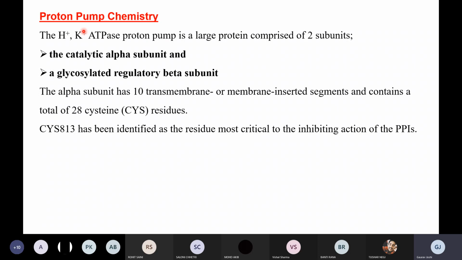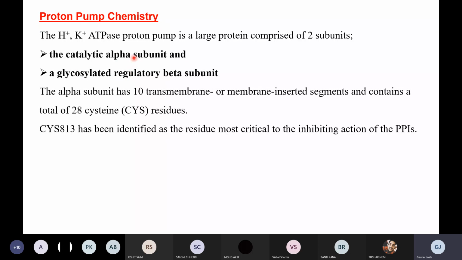So basically we have a channel which is regulated by the ATP. These proton pump inhibitors will be acting on the ATP binding site, competing with ATP, and instead of ATP, they will be binding there. How they will be binding, we'll discuss. Firstly, the proton pump has two sites: the catalytic alpha subunit and a glycosylated regulatory beta subunit.